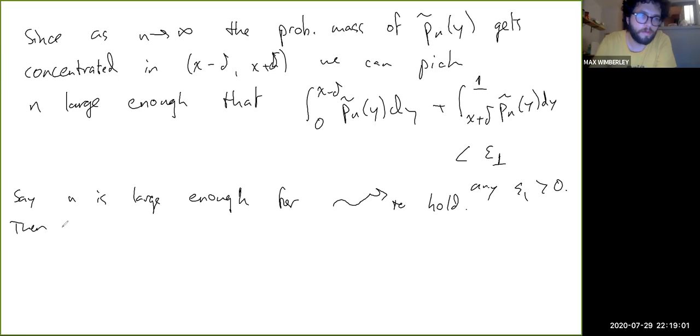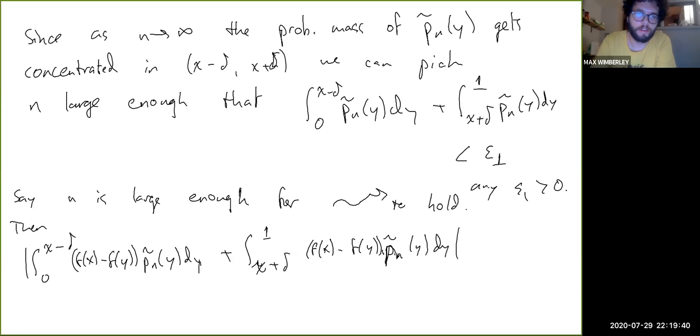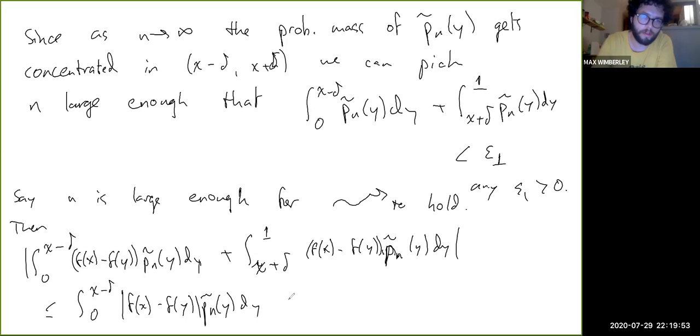Then the absolute value of the integral from 0 to x minus delta of f(x) minus f(y), Pn tilde of y dy, plus the integral from x plus delta to 1 of f(x) minus f(y), Pn tilde of y dy, is less than or equal to the integral from 0 to x minus delta of the absolute value of f(x) minus f(y), Pn tilde of y dy, plus the integral from x plus delta to 1 of the absolute value of f(x) minus f(y), Pn tilde of y dy.